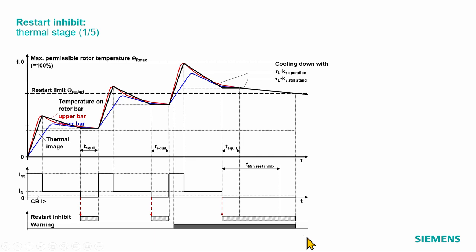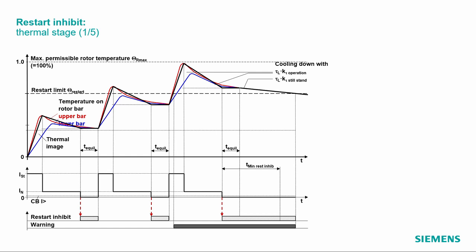So this is the indication that we are above that calculated limit temperature, so we must not restart the motor. The restart inhibit signal, on the other hand, starts only when the motor is stopped, so at standstill.